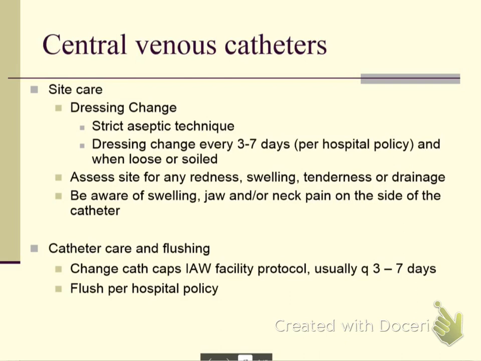What do you think swelling of the jaw and neck pain on that same side of the catheter might indicate? Washing up, or is it exclusive? Like it's closing up or something? Wrong placement. It could have actually started backing out and it's coiling under the skin, or maybe when it's going in, there's some sort of slit or something that happens because it's man-made.